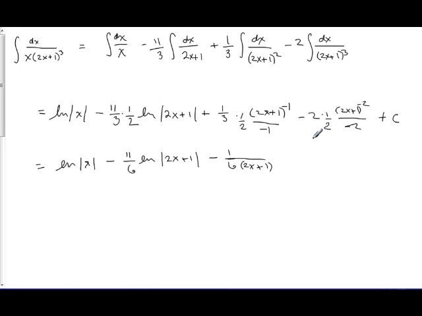The 2's cancel. Let's see, I get a plus 1/2 times 2x plus 1 squared. And there we have it.